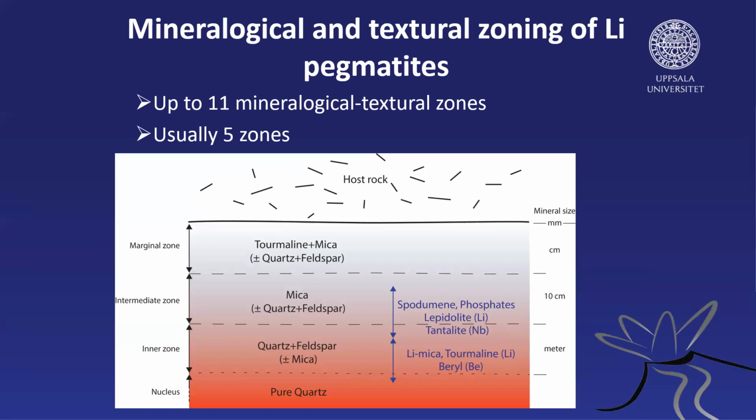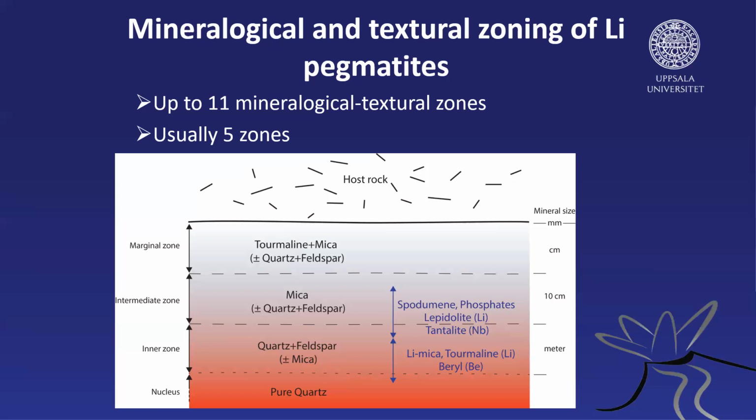The main mineral association is quartz and feldspar. We can find also a bit of mica, but in terms of lithium-bearing minerals, we also have formation of lepidolite, and we have also tantalite, which is a niobium-bearing mineral.